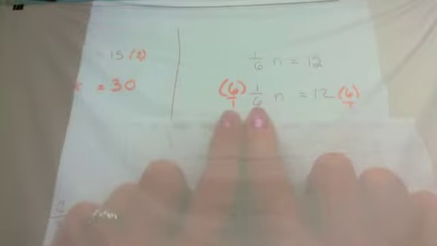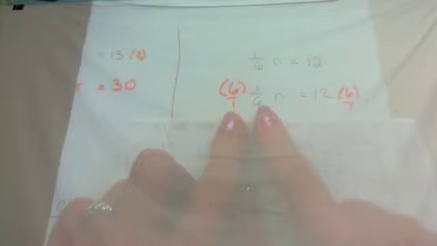All right, let's look at this one. Here we have 1/6 n. Now they're writing it a little bit differently, but there's a 6 in the denominator. So how do I get rid of the 6 in the denominator? I'm going to put a 6 in the numerator so they turn into a 1. So if I multiply this side by 6 over 1, I have to multiply the other side by 6 over 1.